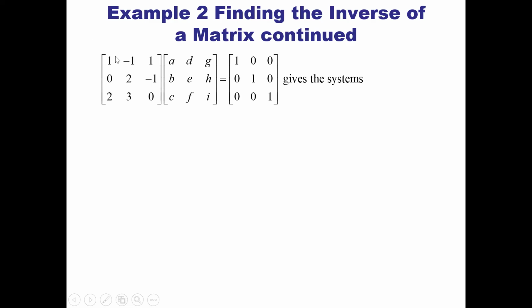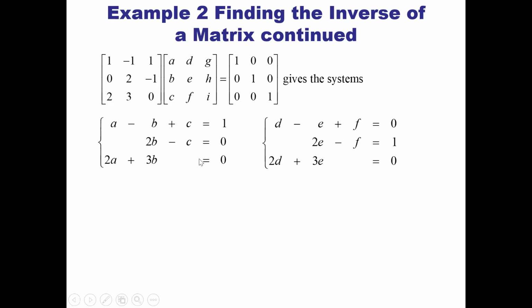And so what we can do is multiply out and get our left side: the first row times the first column, second row times the second column, and so on. We can do that for each of the columns and get all three of those. Notice on the first one, we get the first column, then the second column, then the third column.